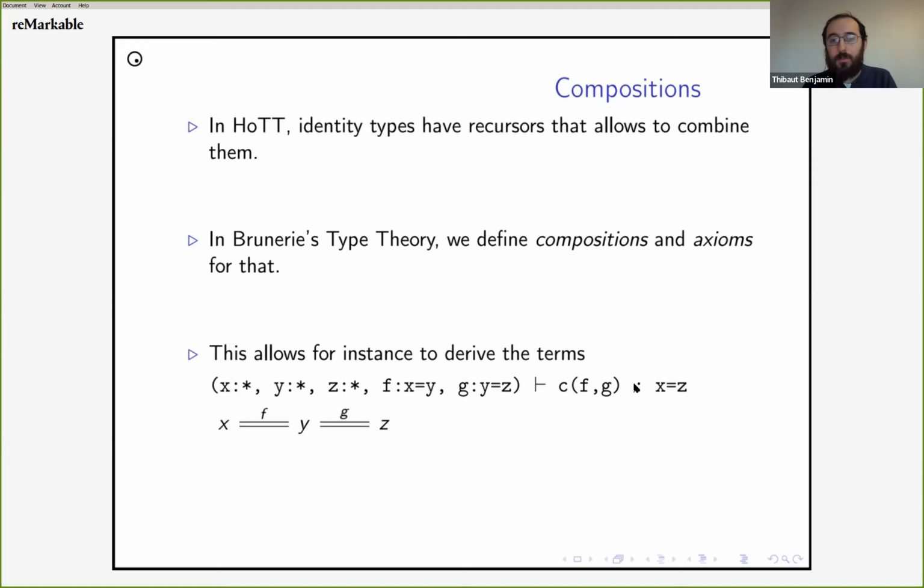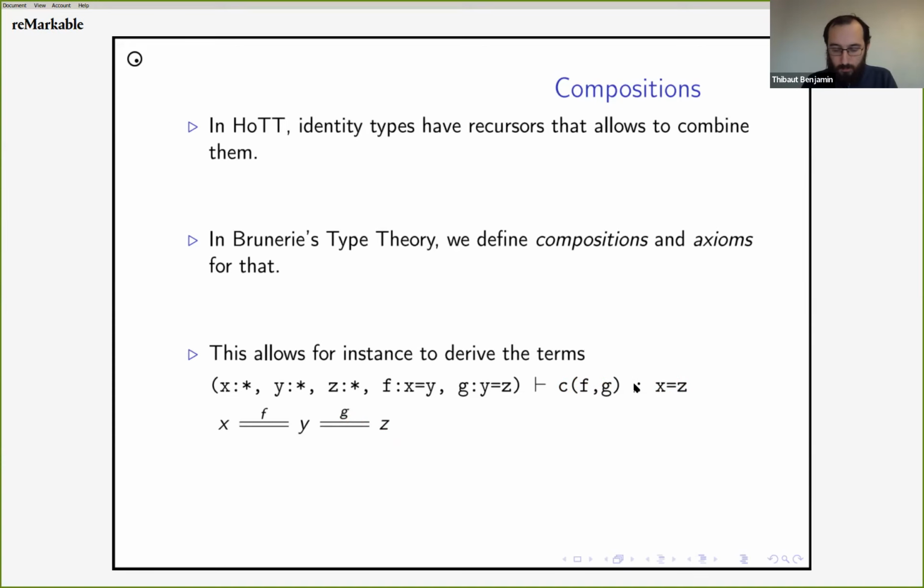In groupoid terms, it's what we call the composition. In equality terms, it's the usual transitivity of equality. But we don't use the recursors for that. We have rules that allow us to derive a term like this.